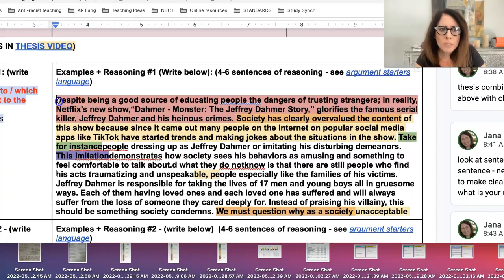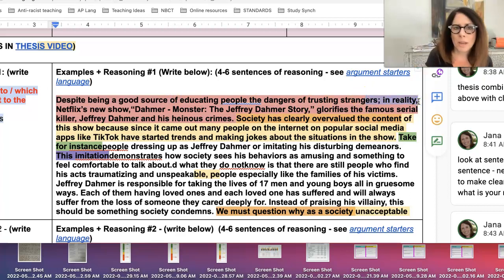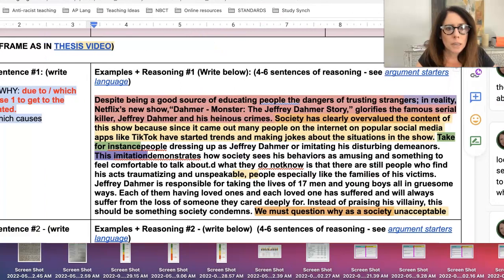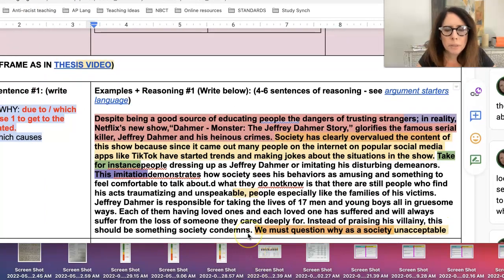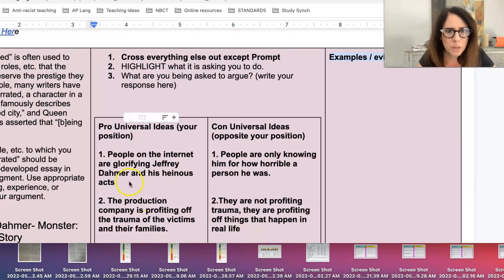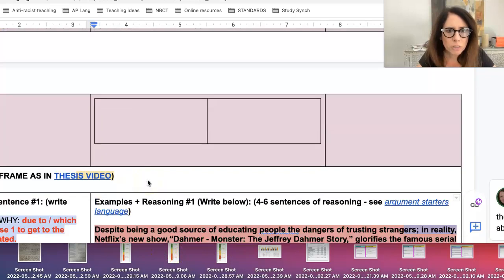So you see it with the despite this semicolon, in reality, comma. So it's like 2 for 1, right? The sentence comes right at the beginning. And we think that this is probably going to be this writer's claim, right? Topic sentence. So yes, people are glorifying Jeffrey Dahmer.